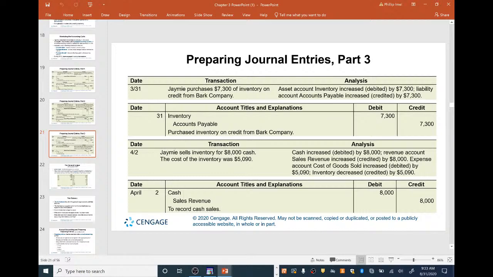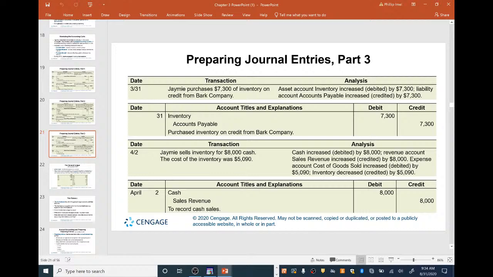Okay, now on April 2nd, Jamie sells inventory for $8,000 cash. The cost of the inventory was $5,090, okay? So if Jamie is selling the inventory for $8,000 cash, that means Jamie is now receiving cash. Cash is an asset, right? Debits increase assets, so if Jamie's receiving cash, she wants to debit cash for the amount received, in this case, $8,000.